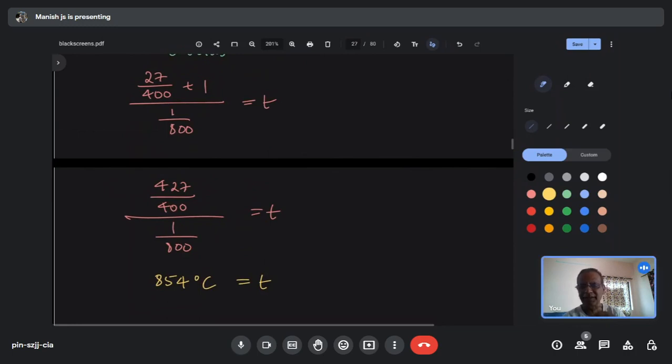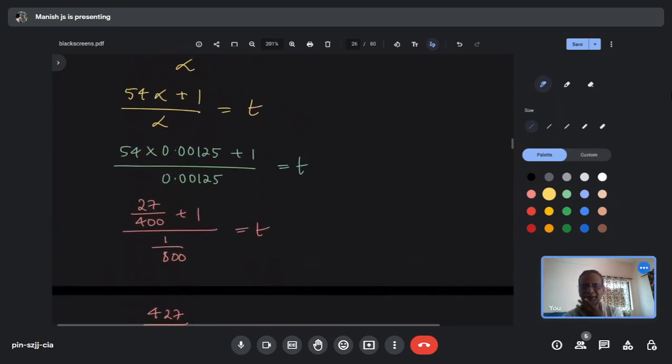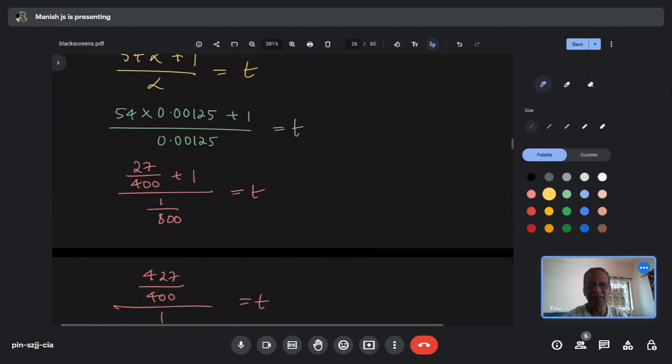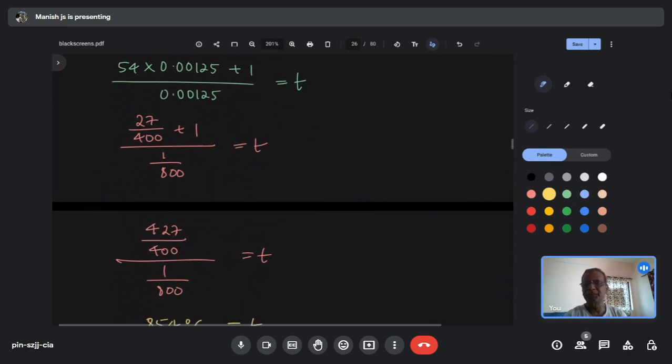Just move this screen up. Now at this place we have 54 into 0.00125 plus 1 divided by 0.00125, right? Yes. Now if I divide by 0.00125, first this comes as 54. Correct. Next, 1 by 0.00125 is 1 lakh divided by 125. Yes. That is 800. Correct. So 800 plus 54, 854.